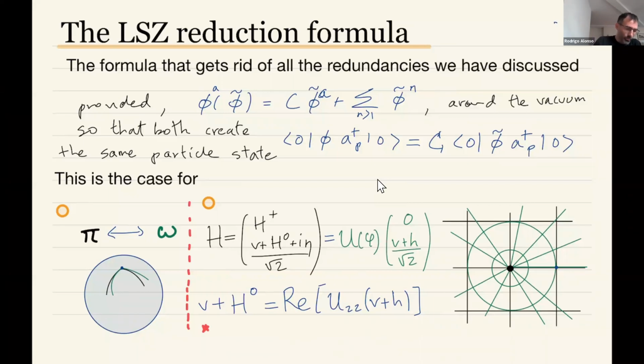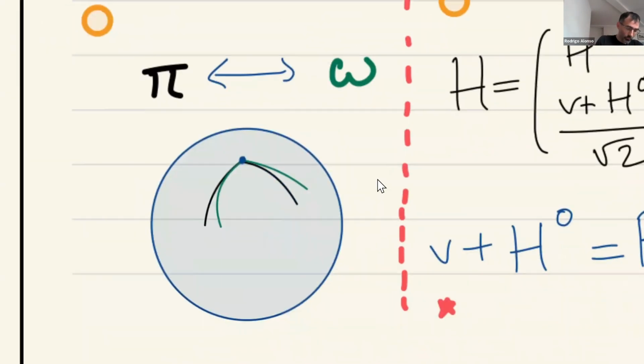For example, we do know, we've seen that pi and omega variables give the same amplitudes, and they are indeed just two different ways to parameterize that sphere.